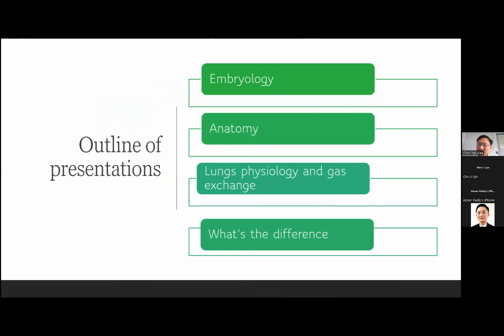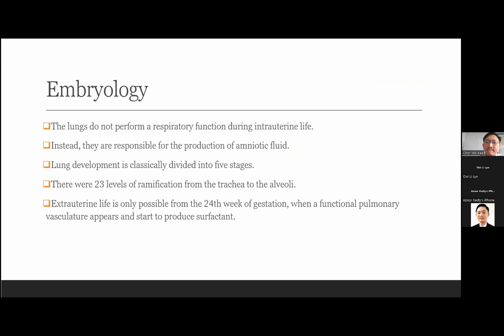I'm going to talk a little bit on embryology, some of the anatomy, the lung physiology, and the gas exchanges, and what's the difference between children and adults. As we know, the lung doesn't perform any respiratory function during intrauterine life. So they're actually responsible to produce amniotic fluid.